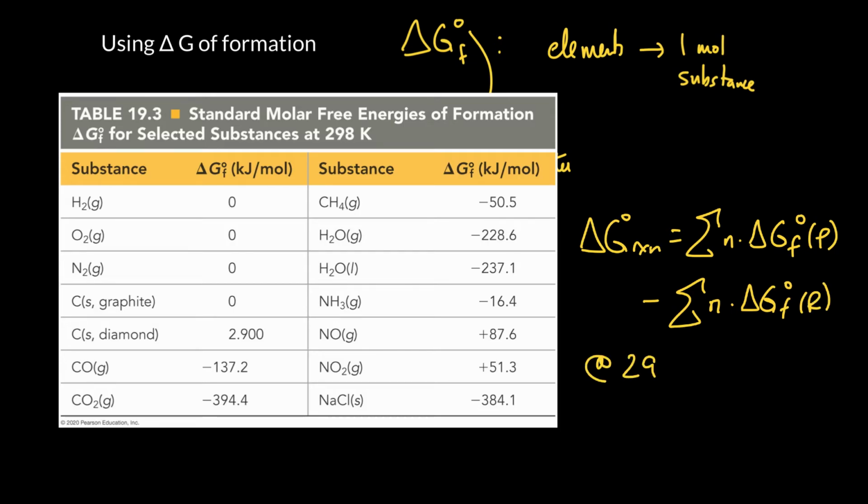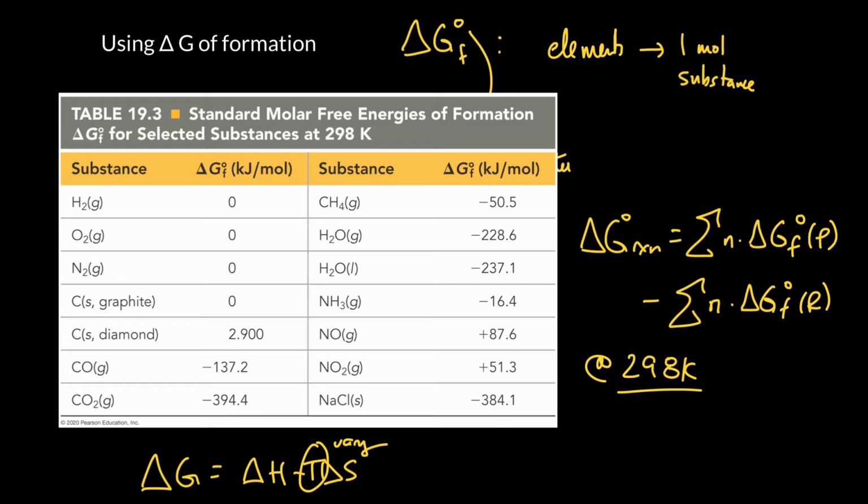But these are all at the temperature that our tables are produced at, which is almost always 298 Kelvin. And contrast this with the other technique, where we said, let's take delta G and calculate it by delta H minus T delta S. And notice here that the temperature itself could vary. So this is one upside to the technique. It is very, very fast. Fewer calculations. The downside is we're stuck at this temperature.